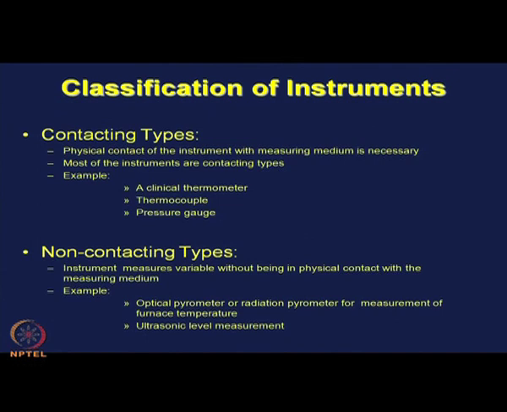The next classification is based on whether the instrument is contacting type or non-contacting type. As the name suggests, the instrument is contacting type when it is necessary to bring the instrument in direct contact with the measuring medium. For example, a clinical thermometer.